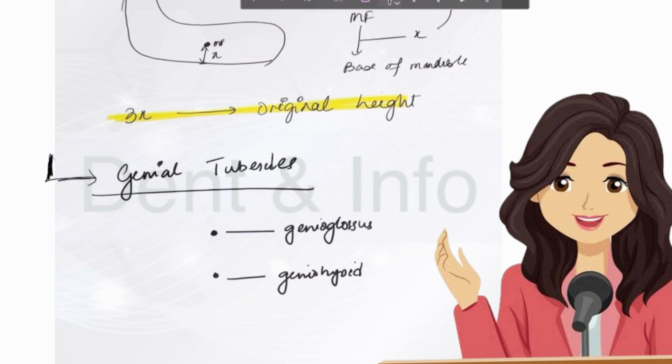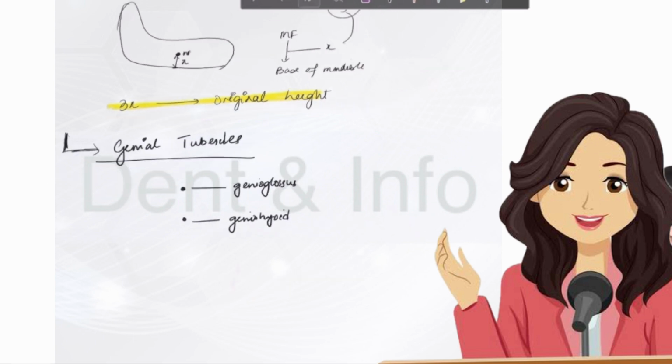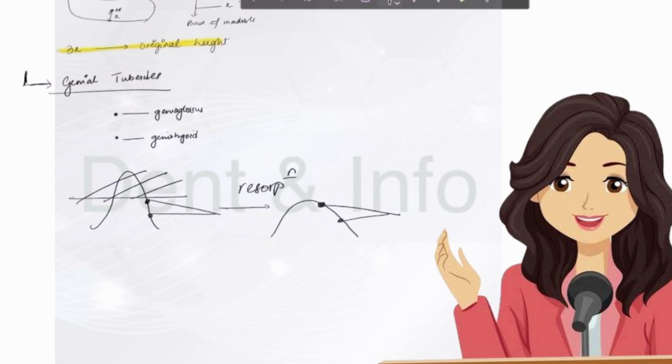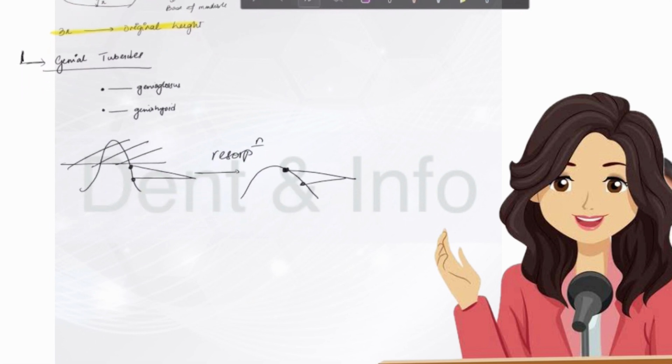When resorption occurs, the crest will come low, and the attachment of the genial tubercles, initially on the lingual border, was somewhere over here, and the muscle attachment was like this. When the crest has resorbed and it becomes flatter, the tubercles come towards the surface after resorption has occurred. Right? So tubercles will come to the surface. That is when you don't have any sulcular height remaining, and there is a very good chance that your denture can actually get dislodged. So that is with your genial tubercles. That is why it requires a relieving area.